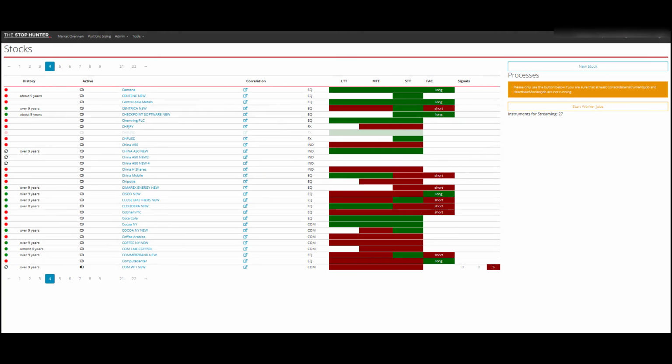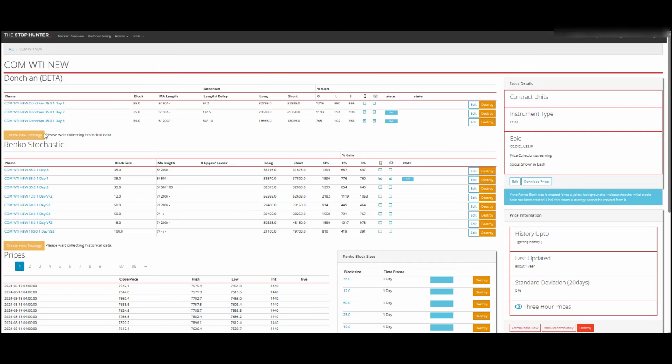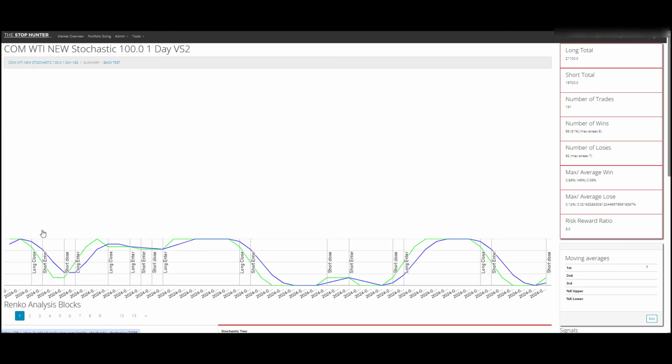So just to show you a typical example here, this is one of the backtesting engines I built, and you can see there in the bottom corner, if we look at the WTI example, I've got 9 years of data to play with there. I click on that, brings me into my sort of dashboard of playing around, you could say, constructing different setups. Let's just pick on this one here.